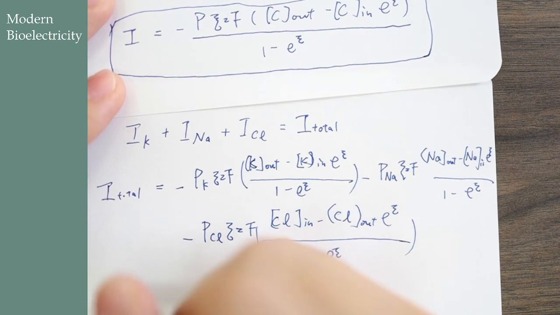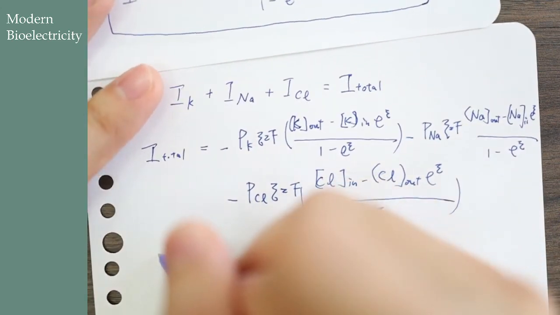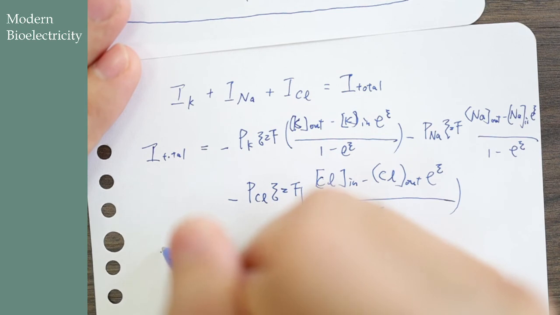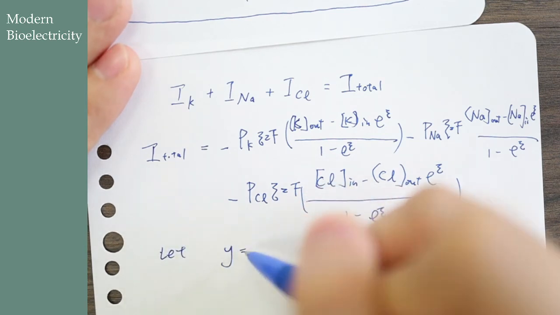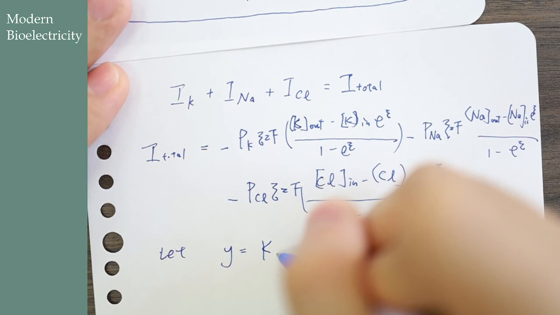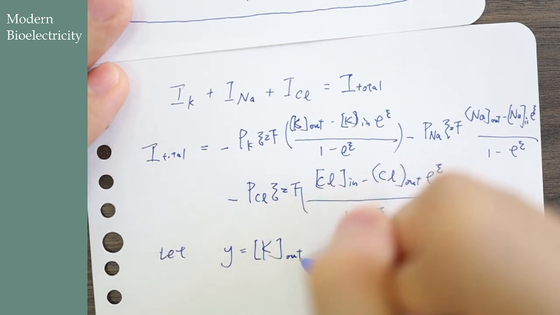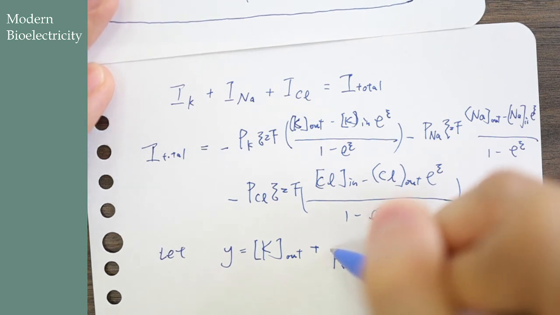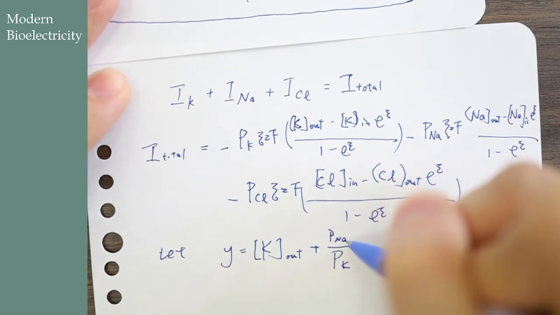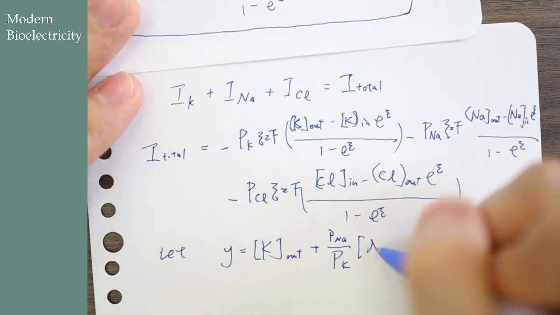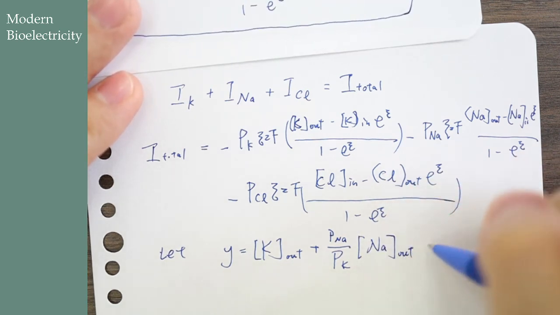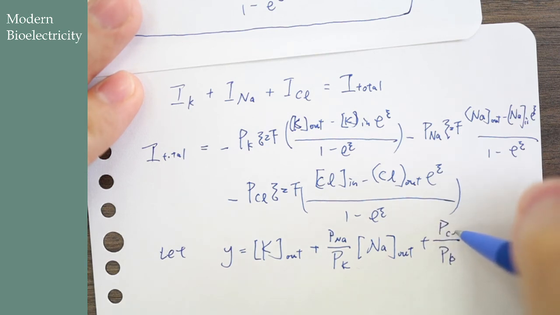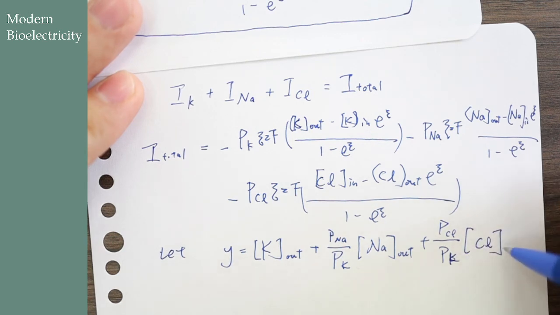And let's define another Y again. Let Y equal to the potassium out, plus the ratio of the permeability of sodium to the permeability of potassium times sodium out, plus the permeability of chloride over potassium times chloride in.